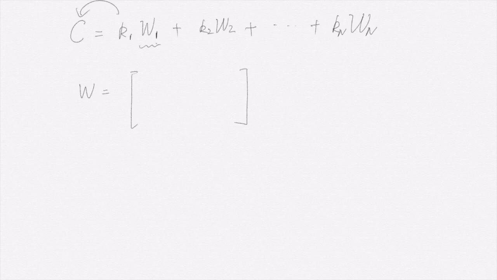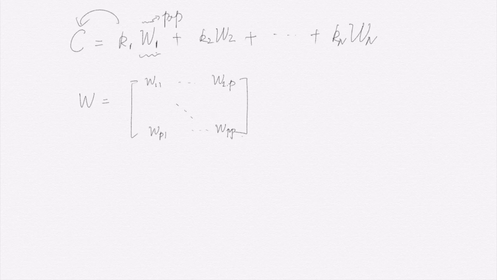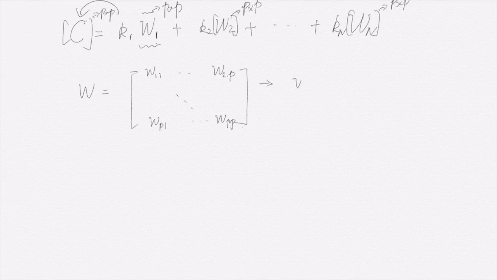Note that each component matrix is a P by P matrix, the same size as the covariance matrix C, corresponding to the P attributes in the data. W can be generated by a single P-dimensional vector V. We let W be the outer product of V by its transpose: W11 equals V1 times V1.